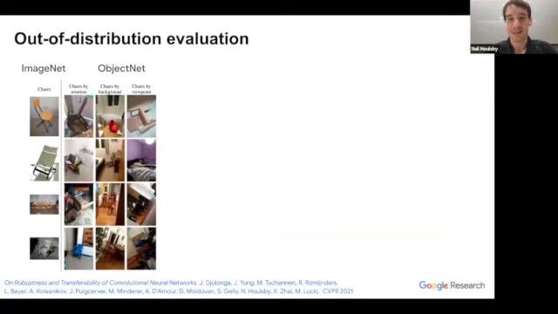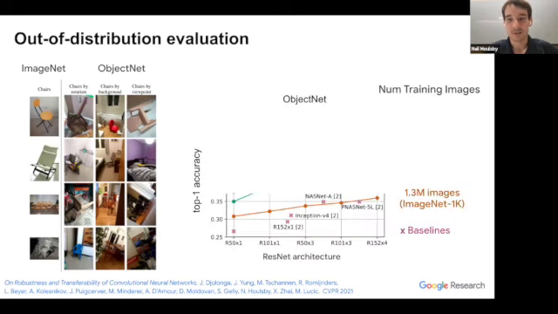The ObjectNet test set contains ImageNet classes, but the objects are photographed in very unusual poses and scenarios, in such a way that it's very much out of distribution compared to the nice clean ImageNet images. All the standard models, ResNet, Inception v4, etc., get about 70, 80% on ImageNet, and about 30, 35% on ObjectNet. And we verified this with our own experiments.